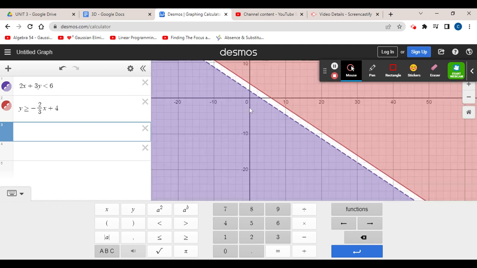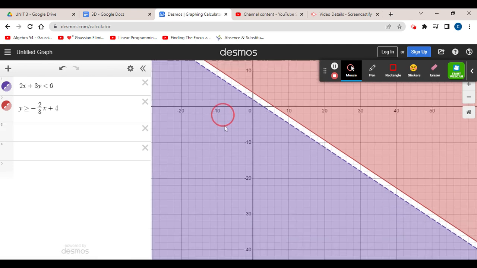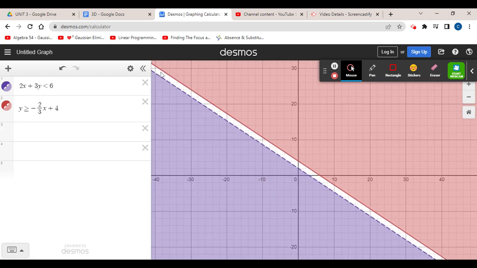And what do you know? We graph these two inequalities, and there are going to be no common solutions.